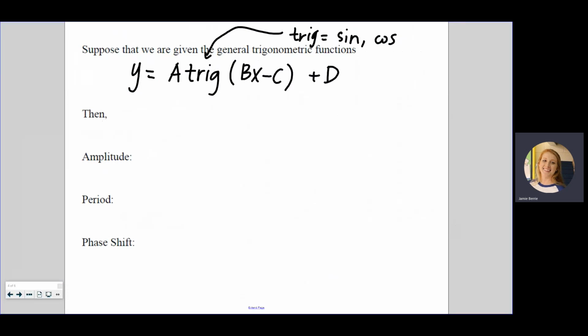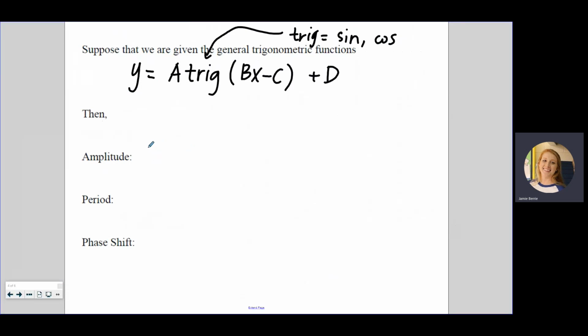All right, so amplitude. The amplitude of a trigonometric function is going to represent half the distance between the x-axis and the maximum value of the function.